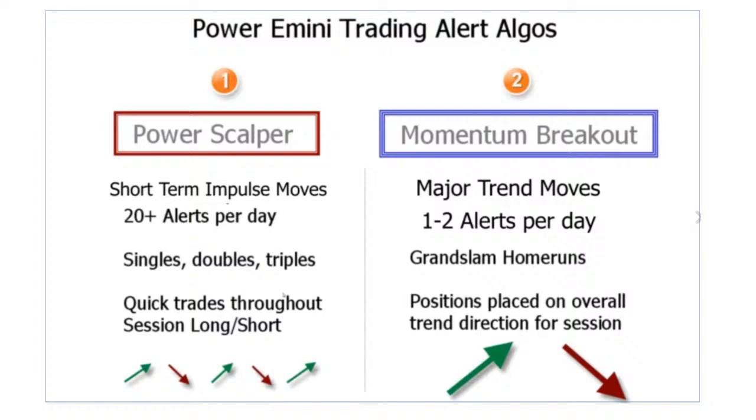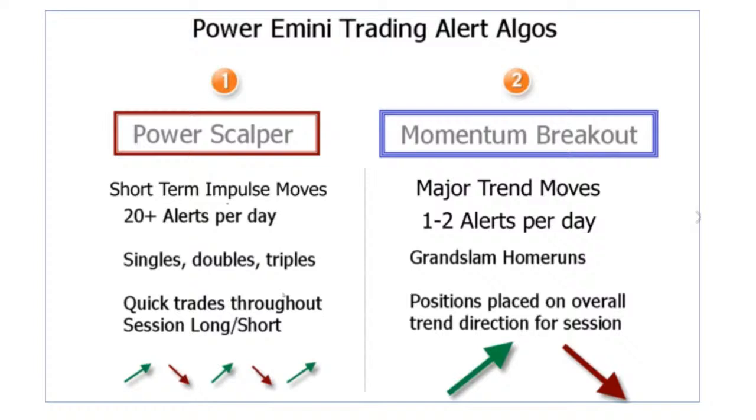So that's why I went ahead and created algos that can send out the signals to the alert software. The algos, the system, run on a server and then send out the signals to your desktop through the alert software. Everybody's got their own channel and receives the signals.